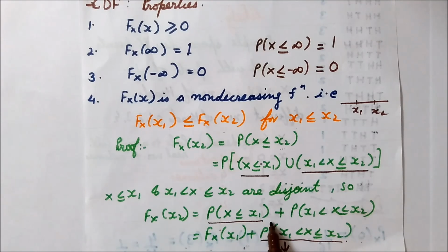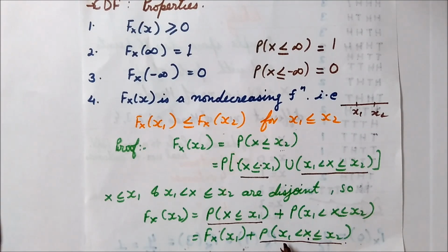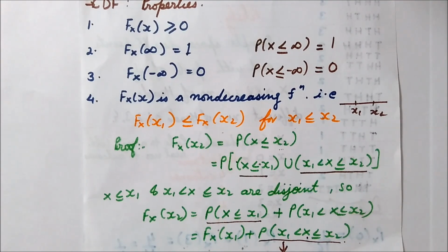What is the first term? This is the CDF at x1, so we can write it as Fx of x1, plus the probability that random variable X has a value from x1 to x2. Since it is a probability term, this cannot be negative. So Fx of x2 is the sum of Fx of x1 plus the probability of this condition.